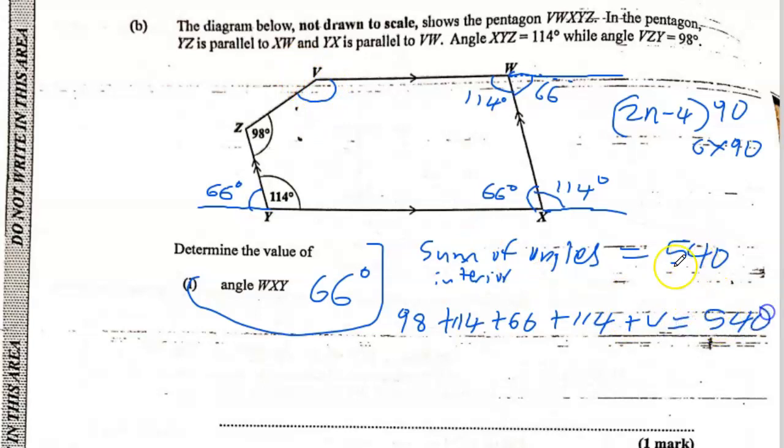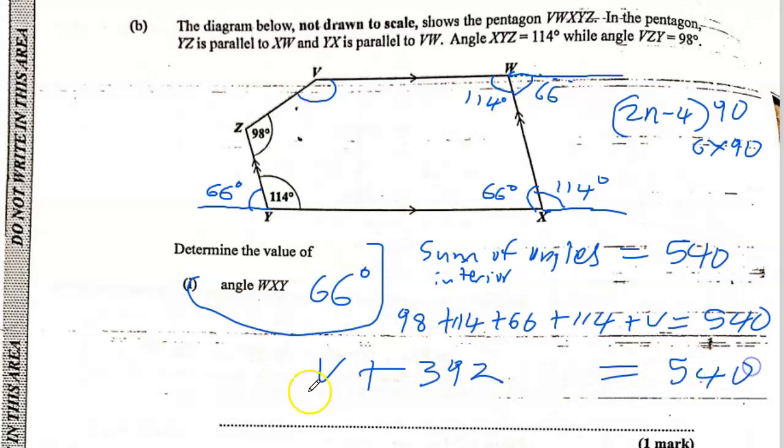So the sum of all the angles in a 5-sided shape should be equal to 540. Let's add up these values. So we have V plus 98 plus 114 plus 66 plus 114, and the sum here is 392.